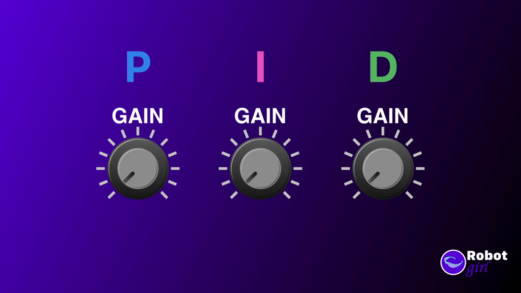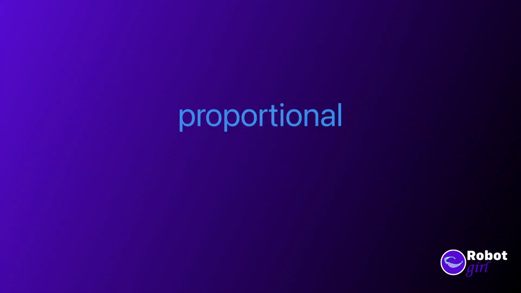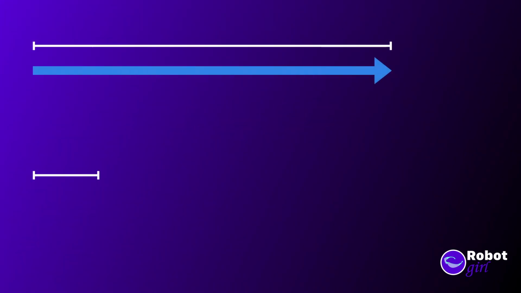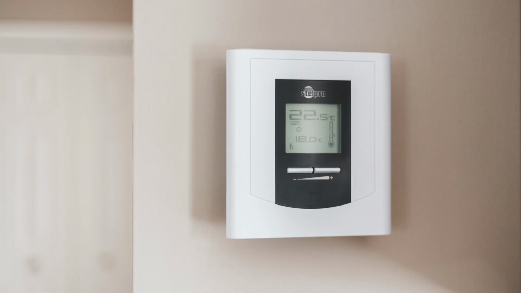The gain labeled P stands for proportional. This means that it reacts in a proportional way to the error. Or, in simple terms, big error means big change, small error means small change. This might seem pretty obvious to you, but not all systems can react in a proportional way. Take the thermostat in your house, for example.